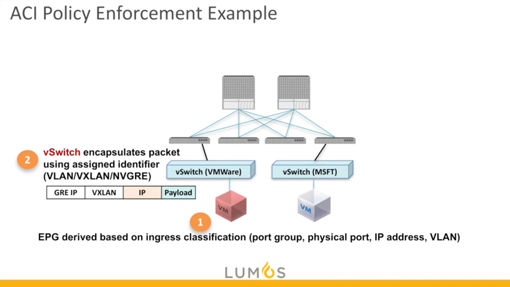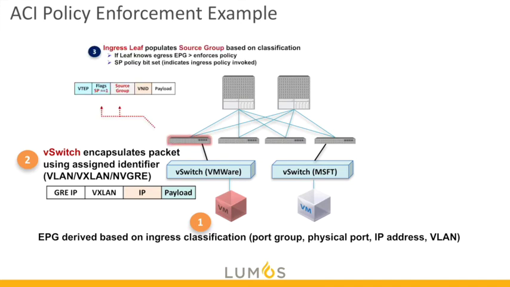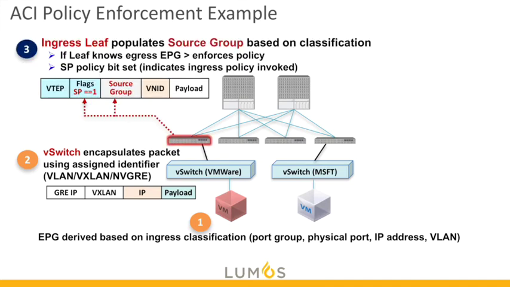In this case, we're going to do VXLAN. The ingress leaf populates the source group based on a classification. So whatever class ID we have for that EPG, that's going to get inserted into the source group header. And then we'll set the SP policy bit, so that would indicate in this case that policy has been invoked and we've applied that policy.